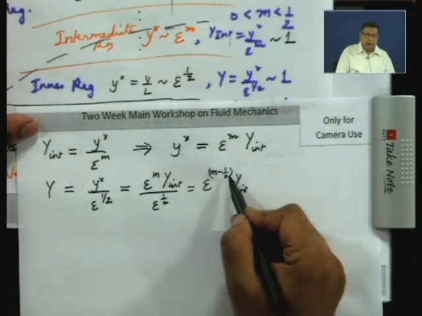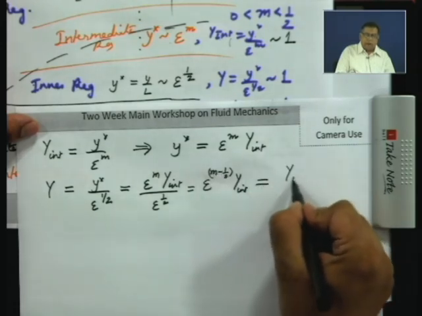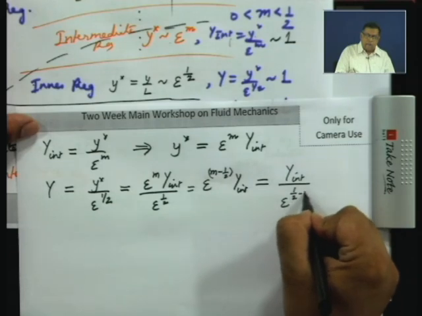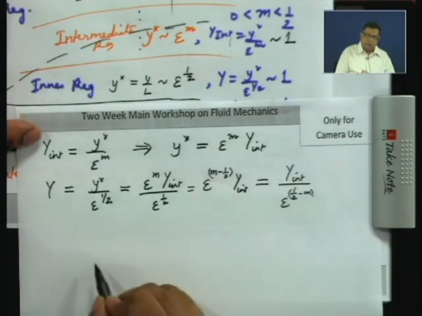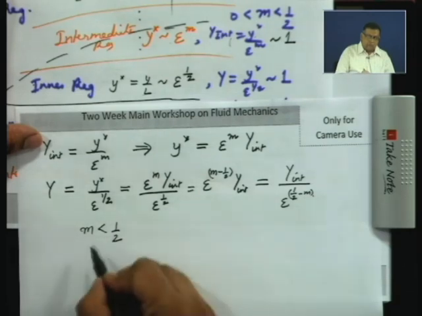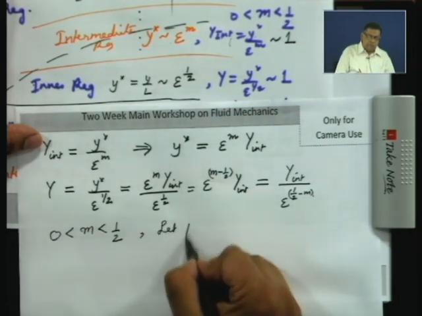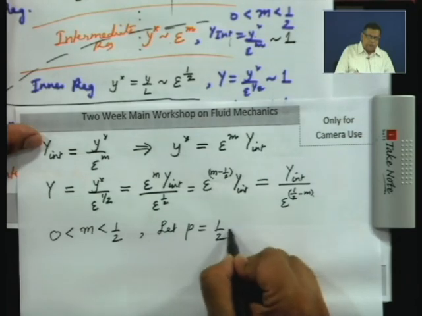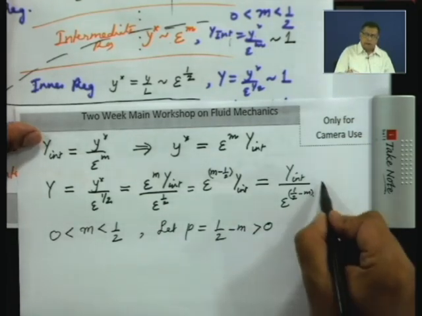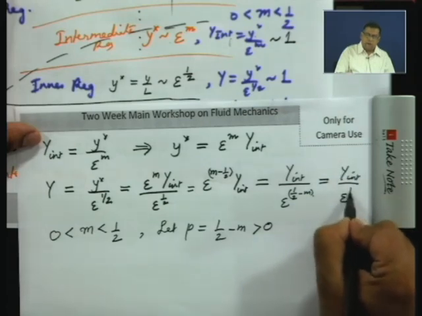Now, m is less than half, so this will be a negative number. So, I would prefer to write it as y intermediate by epsilon to the power half minus m. Recall that m is less than half and it is greater than 0. So, if I let p be half minus m, then this is going to be a positive number. So, this is y intermediate by epsilon to the power p.